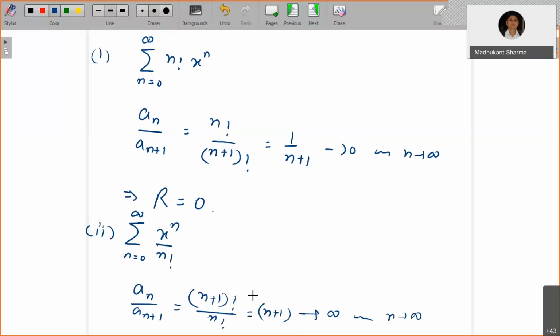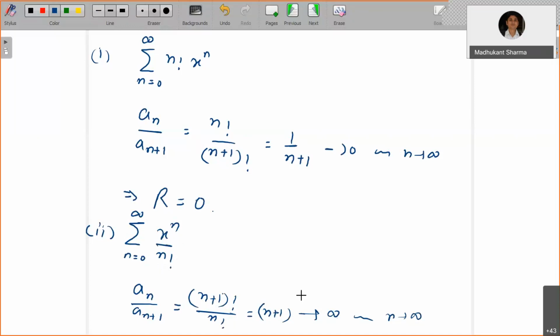Sometimes, if it converges for every value of x in the reals, we also say it is an entire function. This is the expansion of e to the power x. Similarly, you can show that the power series for the sine and cosine functions also converge for every value of x.